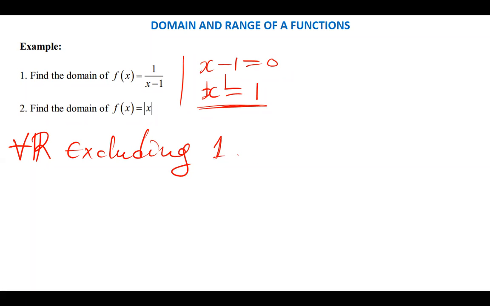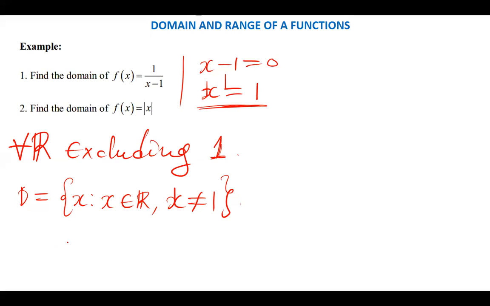So if you want, you can say all real numbers excluding 1, or you can write it in set builder notation. You say the domain is simply equal to x, such that x is a member of real numbers, but x should never be equal to 1.